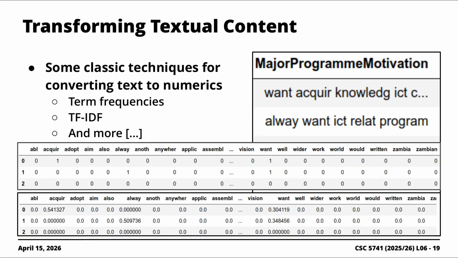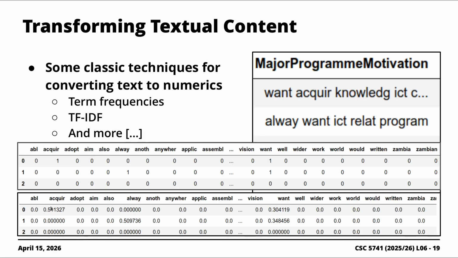So you would probably find yourself in an instance where, look at acquire here. Acquire here has a 1, but if you are using term frequency versus document frequency, you notice that the value is slightly different here, right?